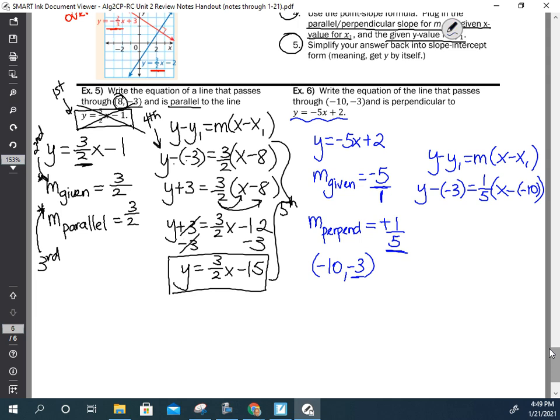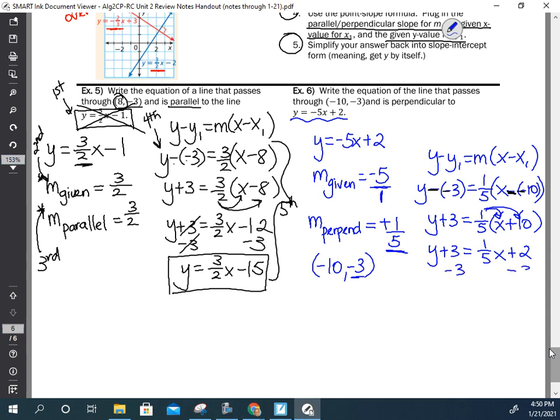Remember, 2 negatives can't stay next to each other. So 2 negatives will turn into positive. So y plus 3 equals 1/5, parentheses, x plus 10. Then we distribute 1/5 times x and 1/5 times 10. y plus 3 equals 1/5 x. 1 times 10 is 10. 10 divided by 5 is 2.